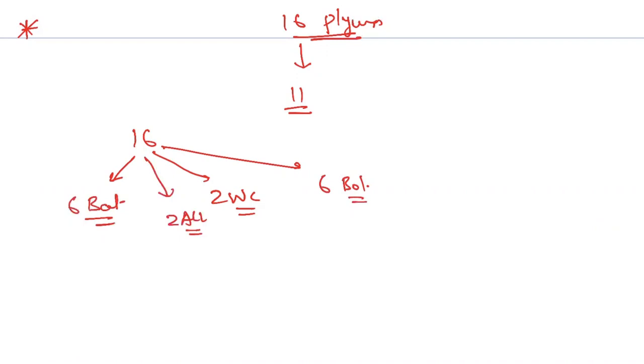only one wicket keeper. We'll go with 4 bowlers, and 2 all-rounders, and 4 batsmen.